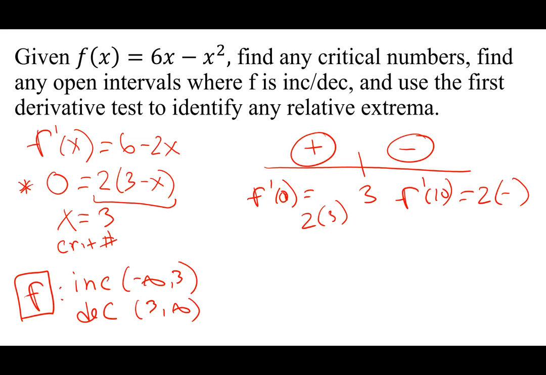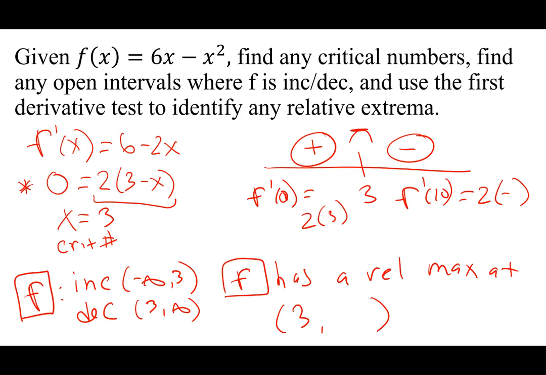Then notice here that because at 3 the graph changed from increasing to decreasing, the only way that could happen is if there was a relative maximum at 3. So we can say that f has a relative max at 3 comma something.